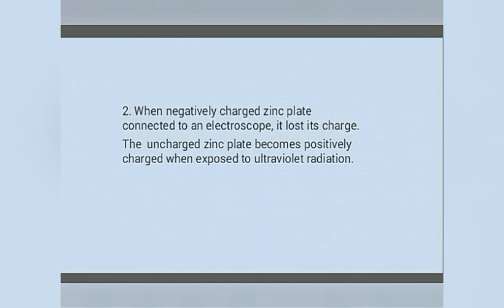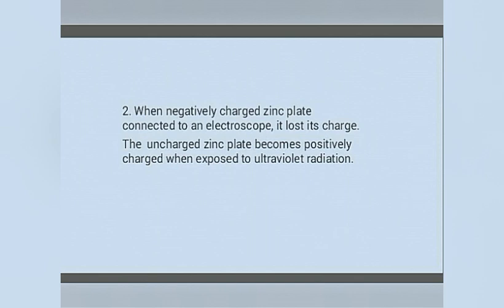Next, the second observation is that when a negatively charged zinc plate connected to an electroscope is exposed to ultraviolet radiation, it loses its charge. So what does it mean? We know an uncharged metal is electrically neutral.